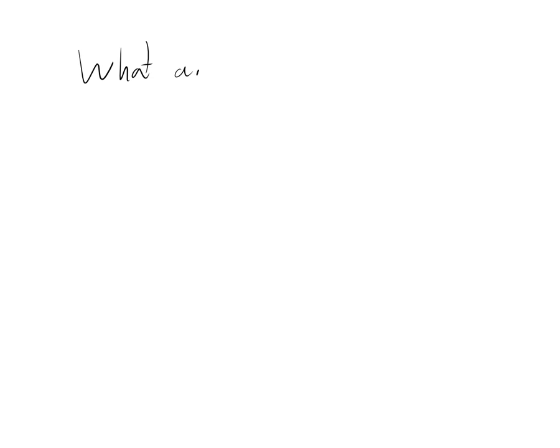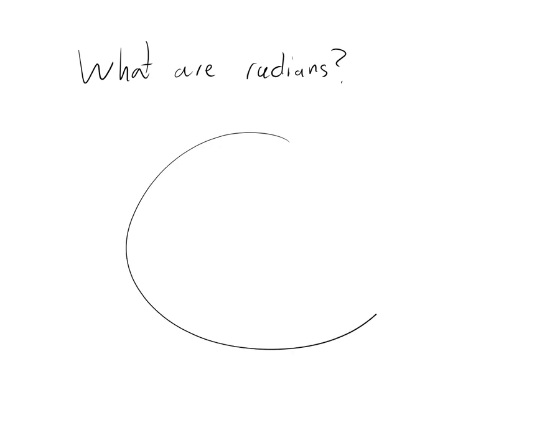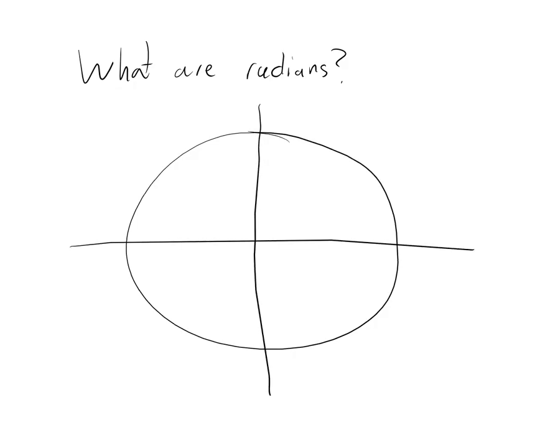What are radians? Okay. We're going to go to the unit circle now. Specifically, we know that if we take a circle whose radius is equal to r, we're going to wrap that radius, that distance. This is where my tracing is going to come in handy. We're going to trace that distance around the circle.